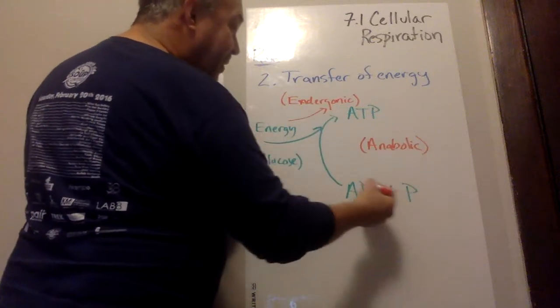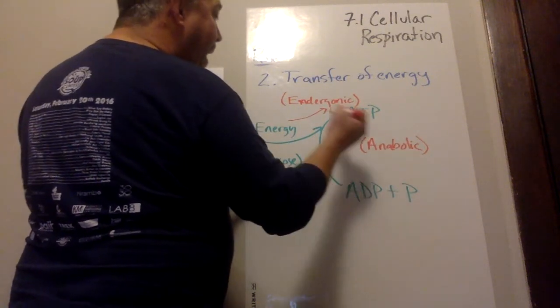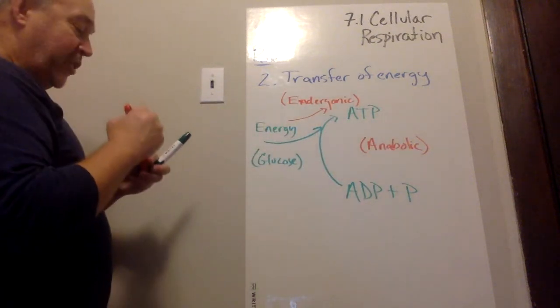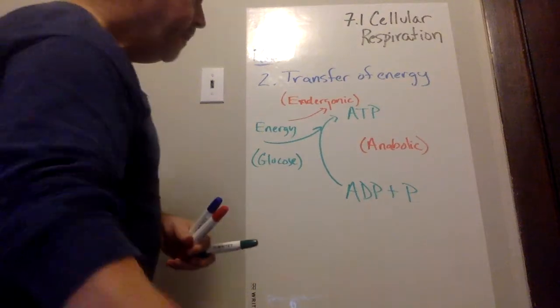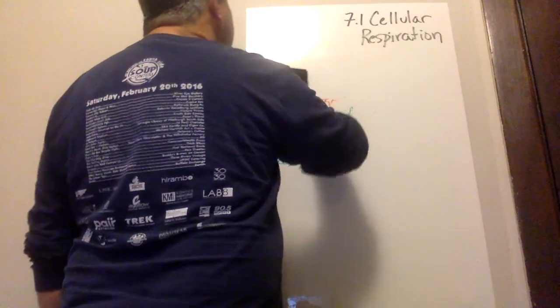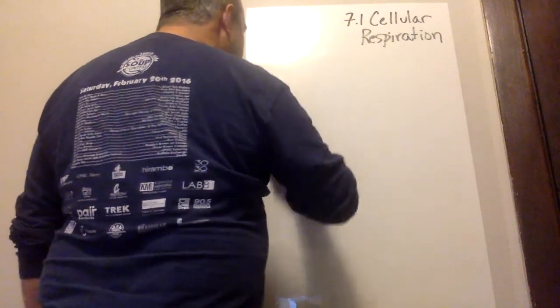So it's anabolism to build the molecule ATP from ADP and P. The storage of the energy in this is an endergonic reaction. So those are the two roles of cellular respiration. One is the complete breakdown of carbohydrates. The second is the transfer of energy from glucose to ATP.